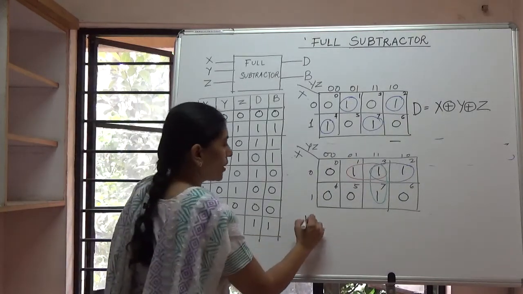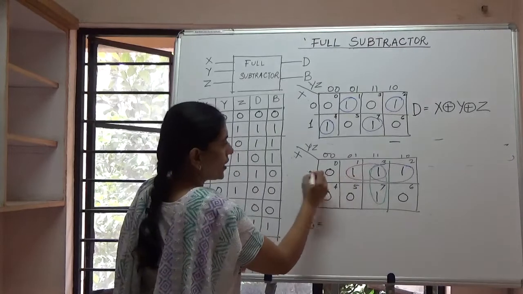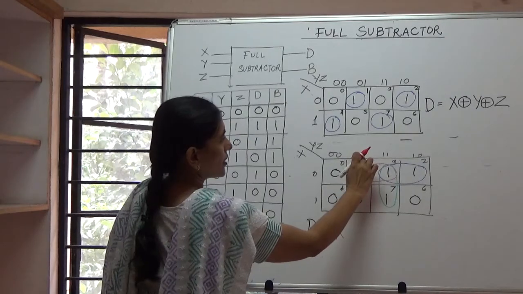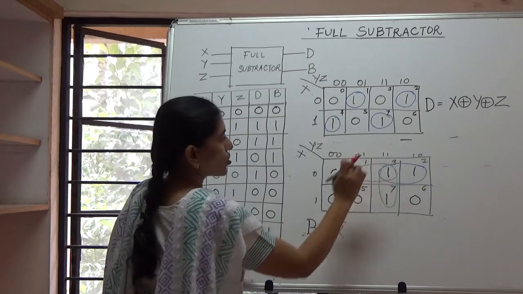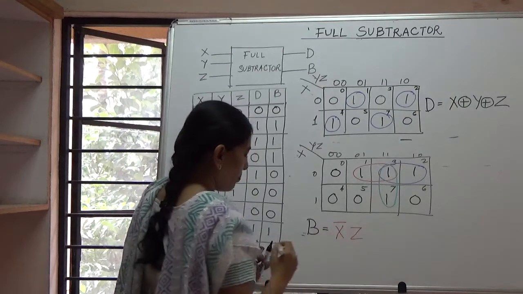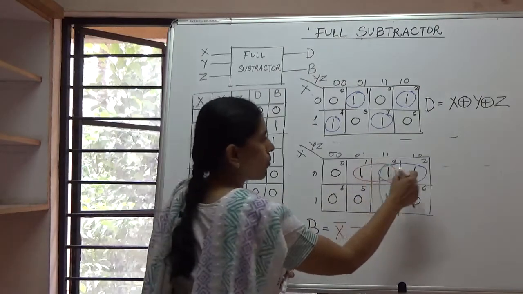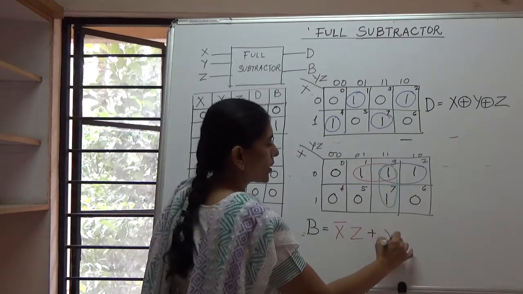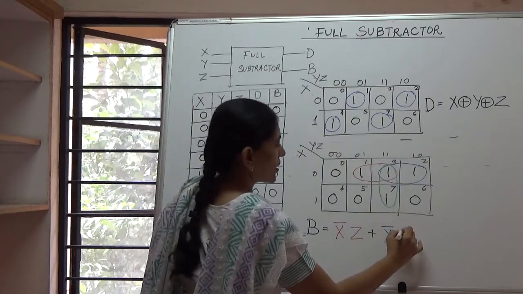So the borrow bit can be written as: for the ones which are in red, x is 0, so it is x bar, and z is constant at 1, whereas y is changing, so y is eliminated, so x bar z, plus, let us write the term for the two ones in the blue group. Again, x is 0, so it is x bar, whereas now y is constant at 1, so it is x bar y.